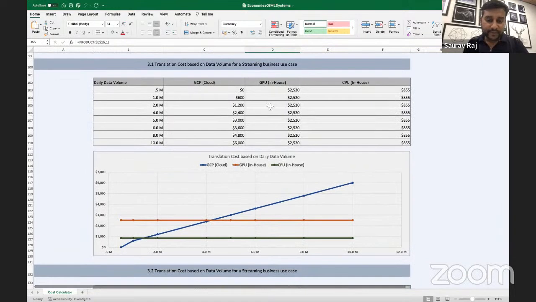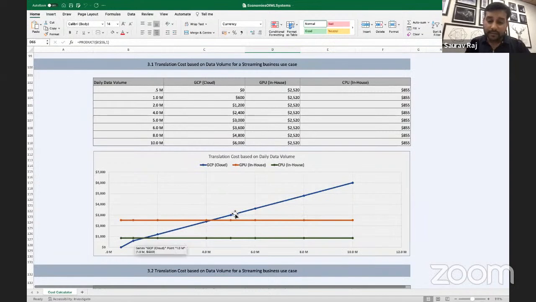So for a streaming use case, as we saw earlier also, at a point of around 4 million daily data volume, we see that the cost that we have to pay to GCP is same as the cost that we are going to incur when the solution is built in-house.